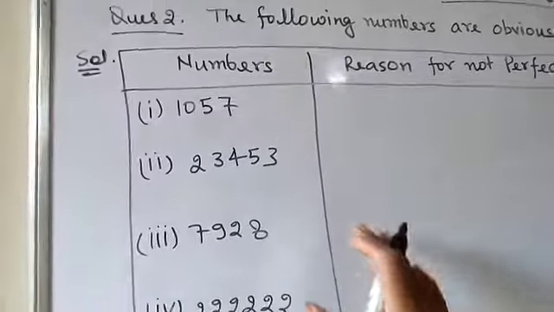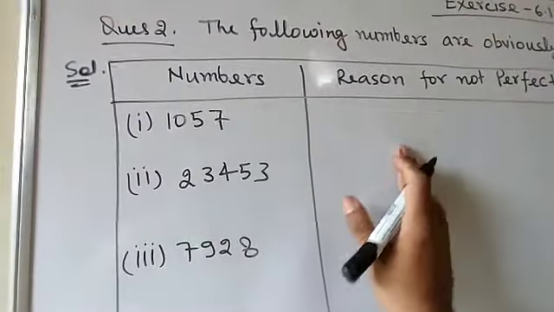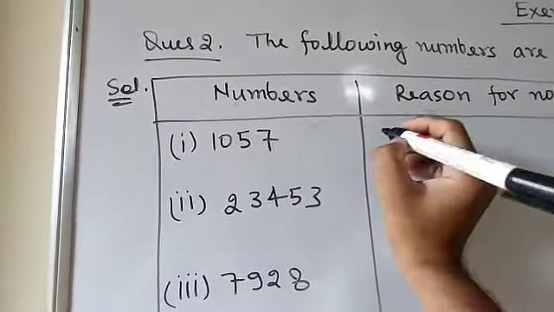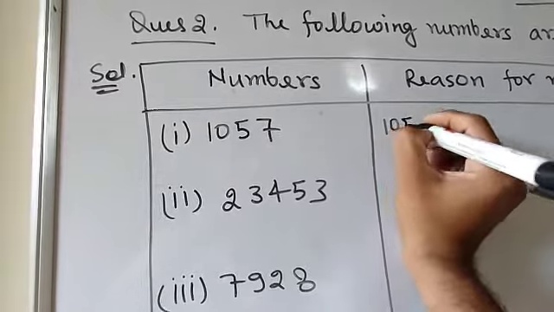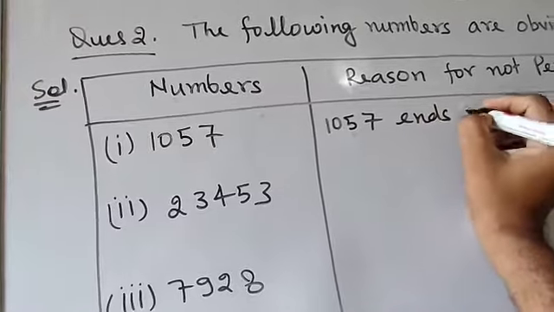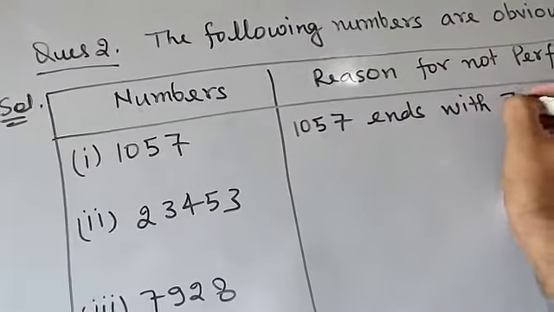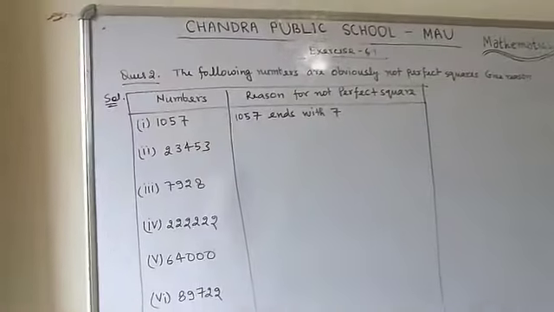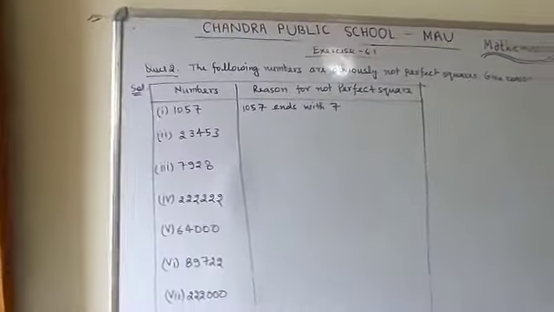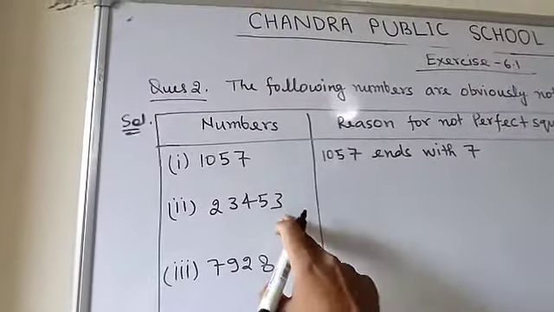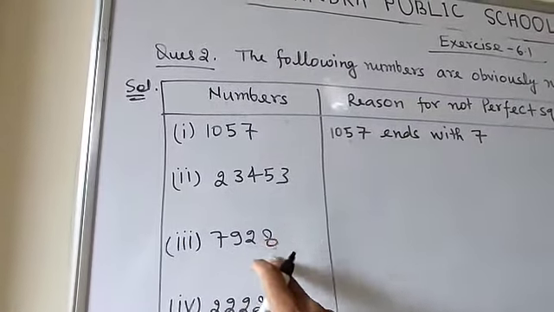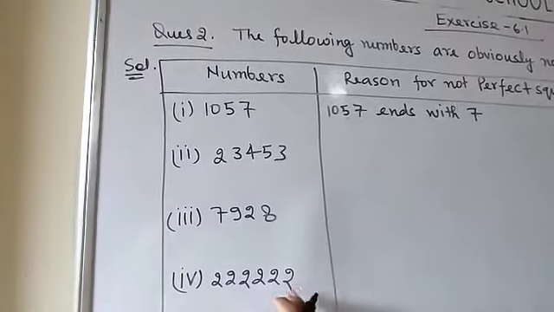I am going to give the reason for certain numbers, and for the rest you will give the reason by yourself. So here you will write the reason: 1057 ends with 7. A number which ends with 2, 3, 7 or 8 will not be a perfect square number. Again, this number ends with 8, so you can write that it has the unit digit 8, that's why it is not a perfect square.